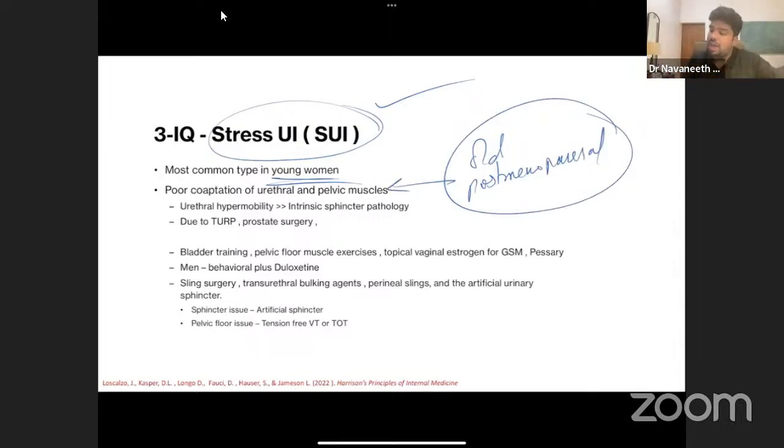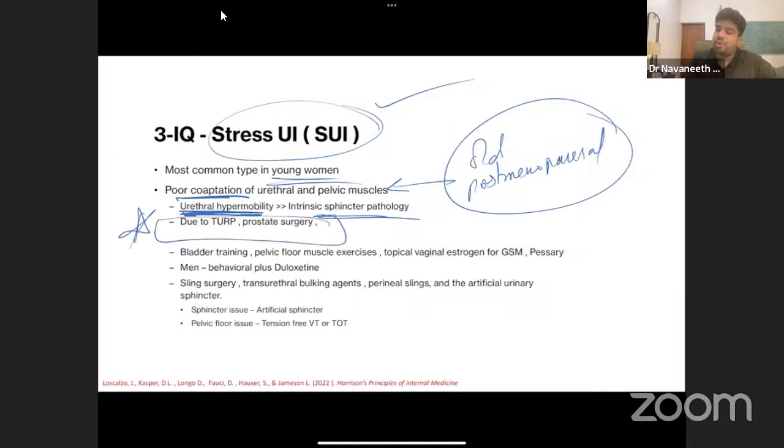This poor coaptation could be due to urethral hypermobility, where you do a sling surgery or insert an artificial sphincter, or an intrinsic sphincter pathology. This pelvic floor disruption can also happen post surgery.